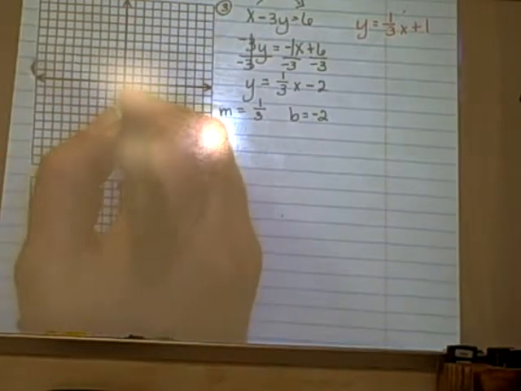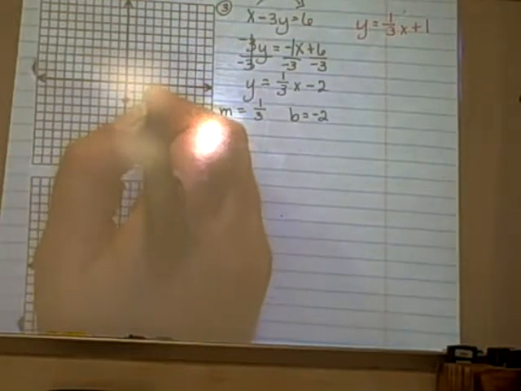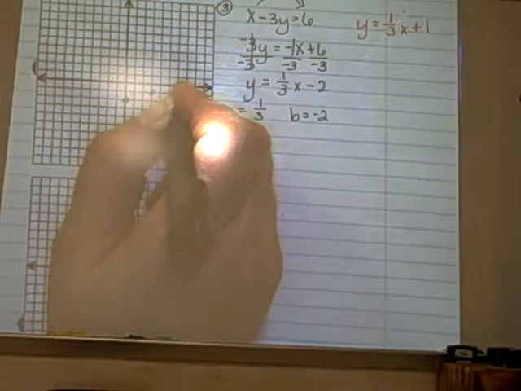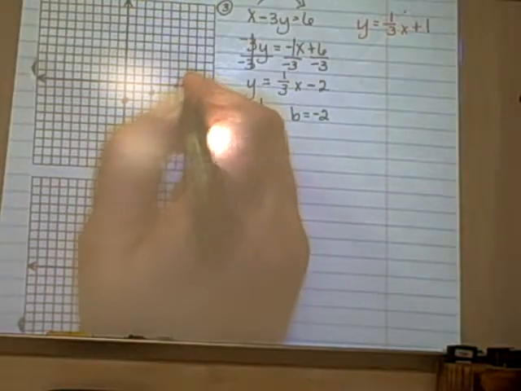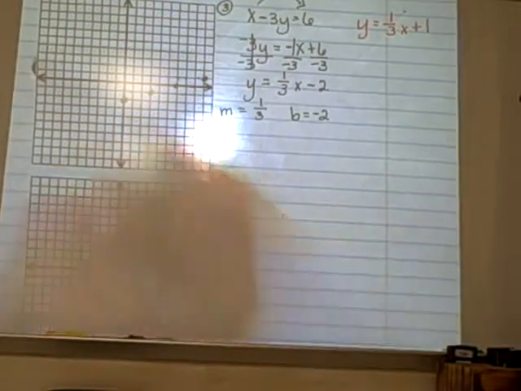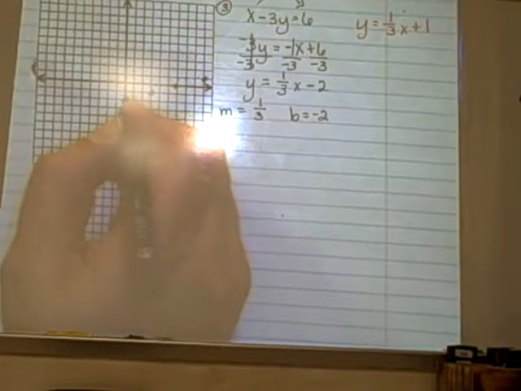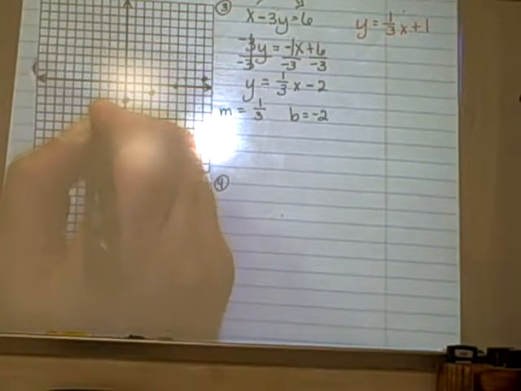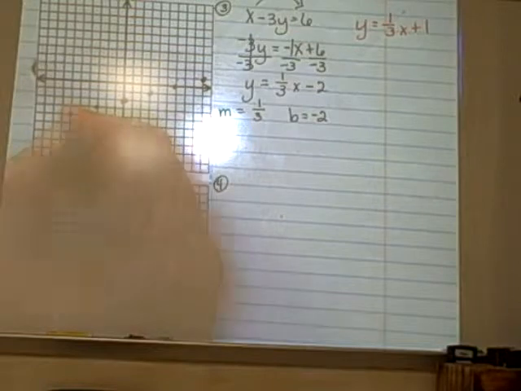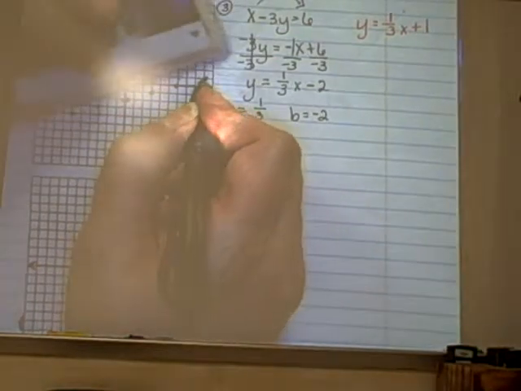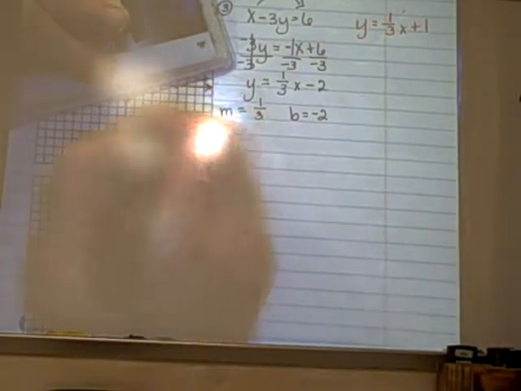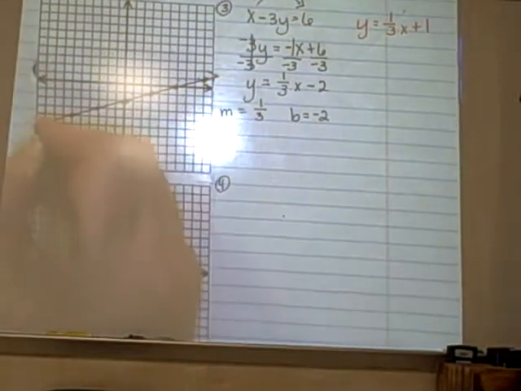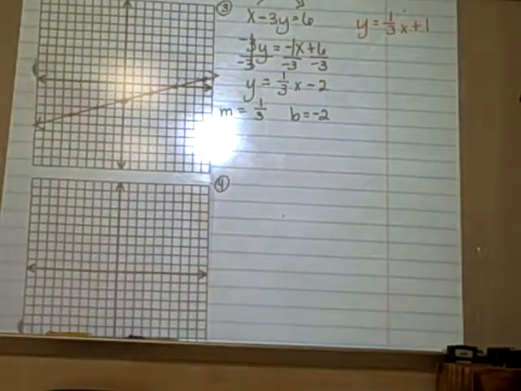So you can go up 1 over 3. 1, 2, 3. Or you can go back to your original beginning point and go down 1 to the left 3, and it's still going to be the same line. Is this the solution? Maybe.